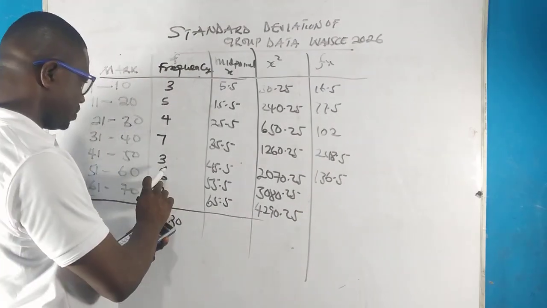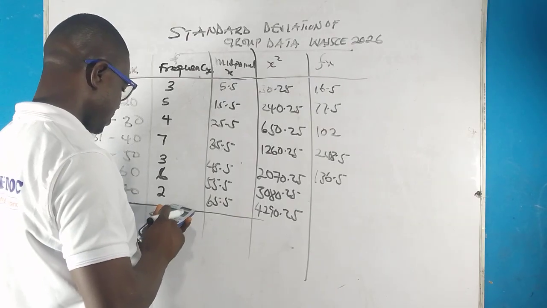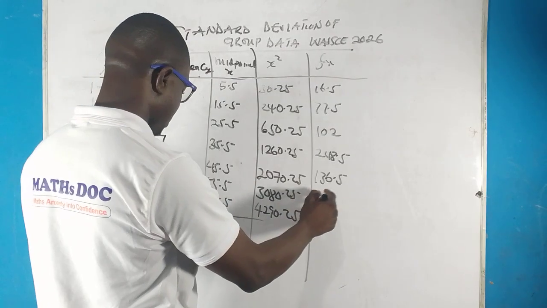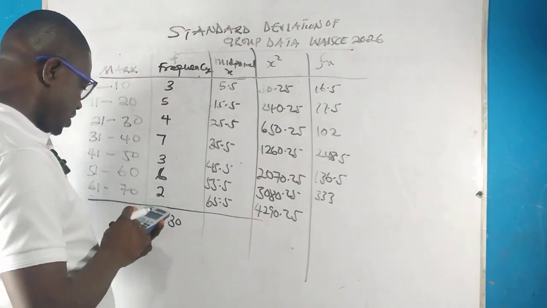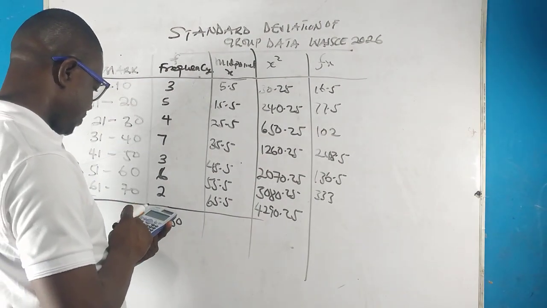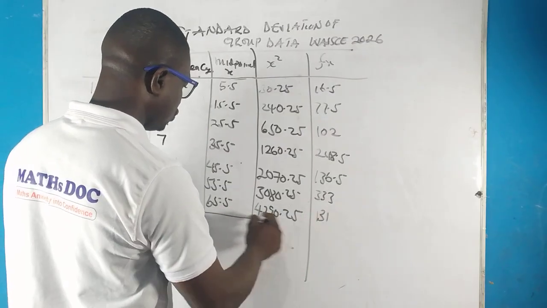Then 6 times 55.5 gives 333. And the last one, 2 times 65.5 will give you 131. So let's do the summation.